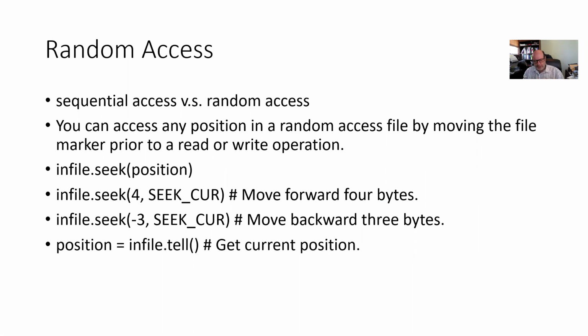I had to read everything up to that point, then I could read it. And if I want to go back up, I couldn't go back. I have to close the file, go from the top, and start reading it again. That is called sequential, and that's the way we were doing it so far with all our file processing in different languages and everything.